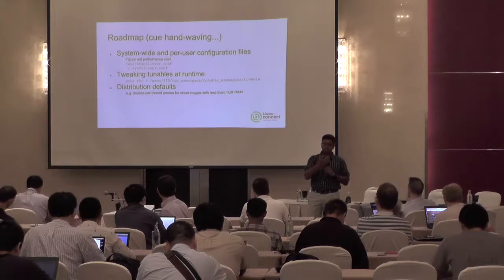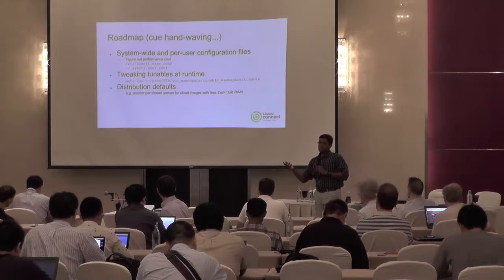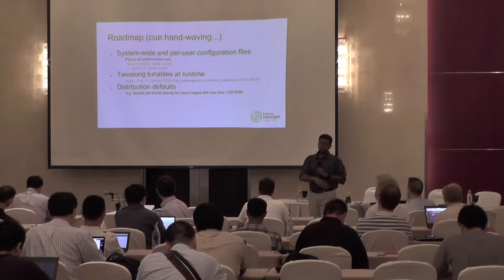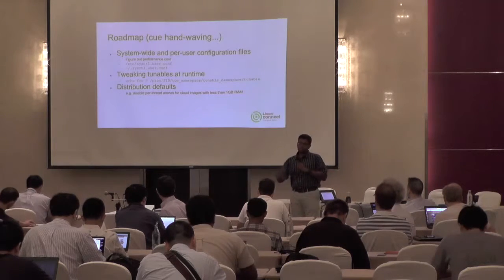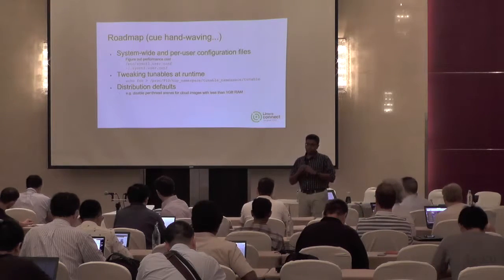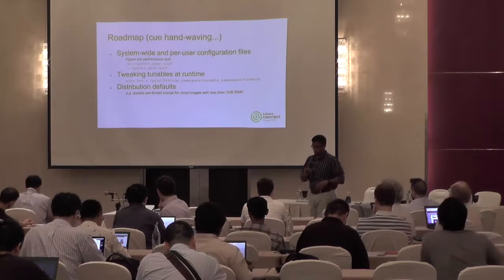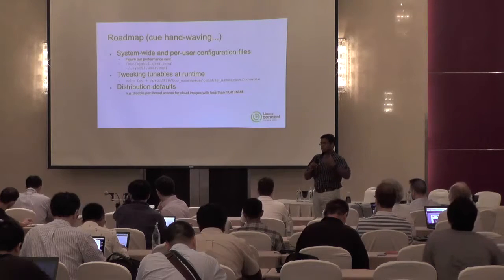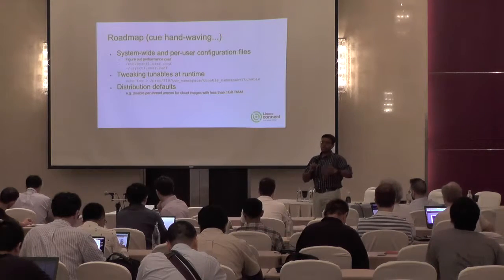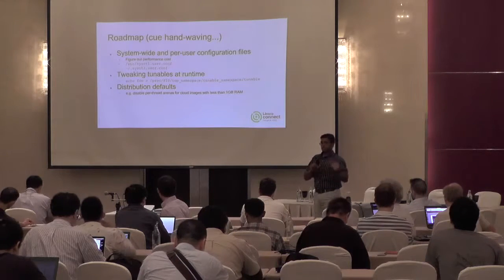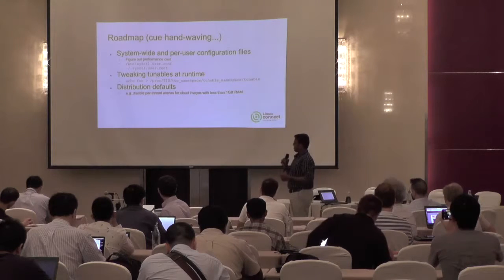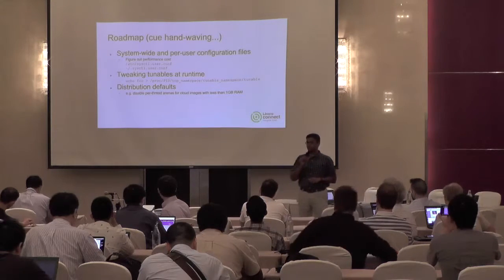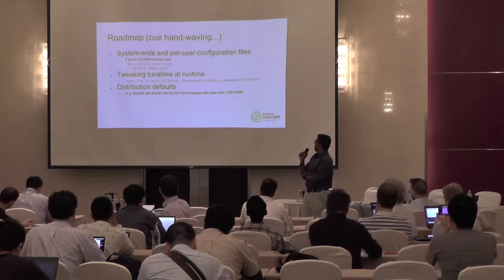Like, for example, for cloud images that have less than 1 gig of RAM, you would disable per thread arenas, because per thread arenas tend to blow up memory consumption at the cost of performance. So these are the kind of customizations that distribution maintainers can do on the fly for each of their class of images.